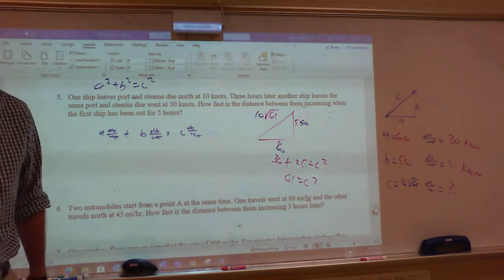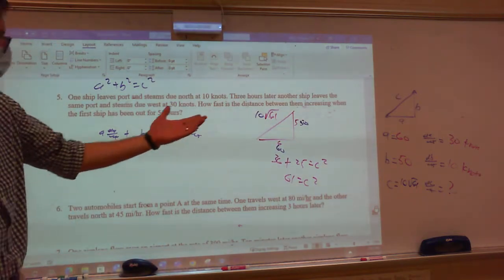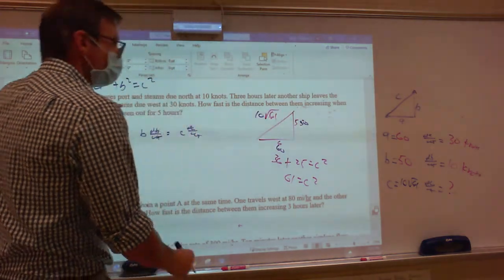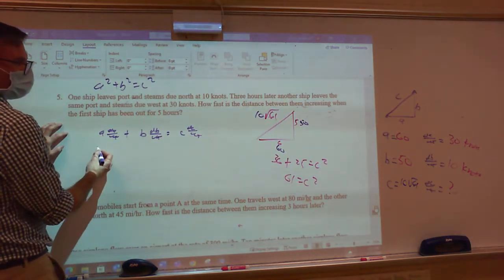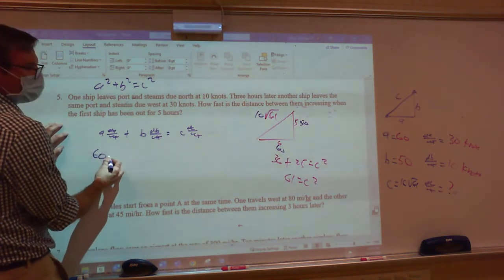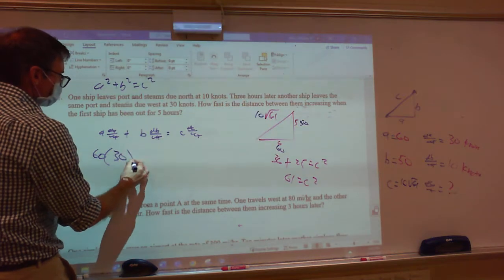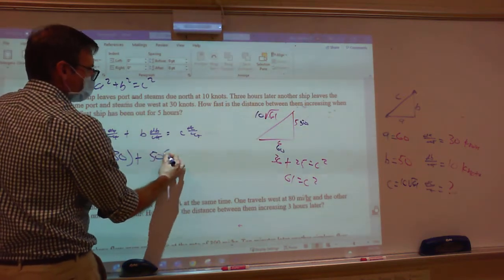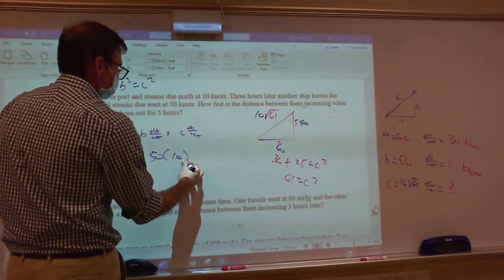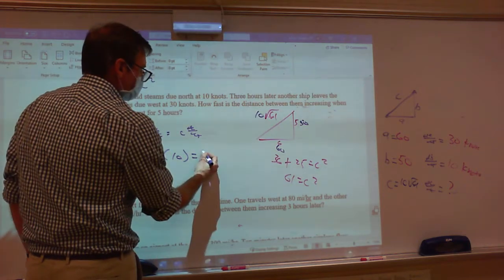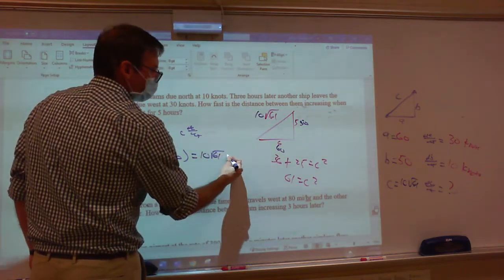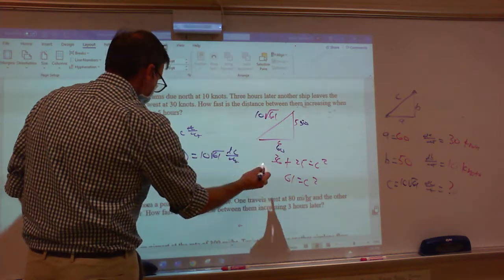I'm just plugging in what we know. Got our lovely little chart. Let's see, A is 60. That's going to give me 60 times 30 plus 50 times 10 is equal to 10 square root of 61 times dC dt.